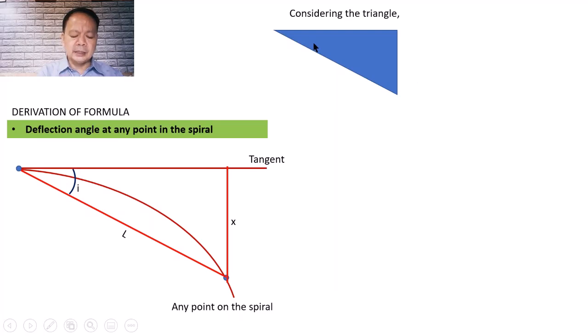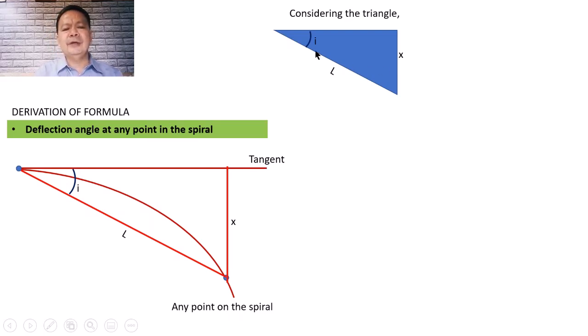Ang tinatarget nating value dito, element, ay itong angle na ito, and that angle is our deflection angle. Knowing that this length is our length of the spiral at any point, this being our TS, this being our point, and the opposite of that I is the offset from tangent at any point on the spiral.